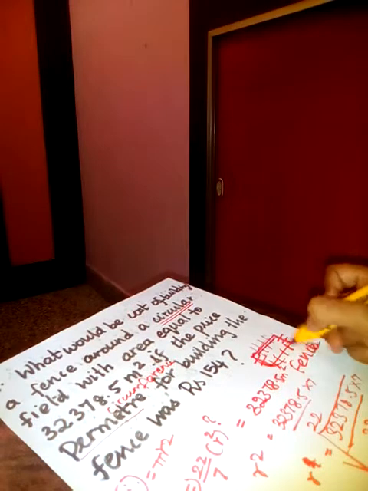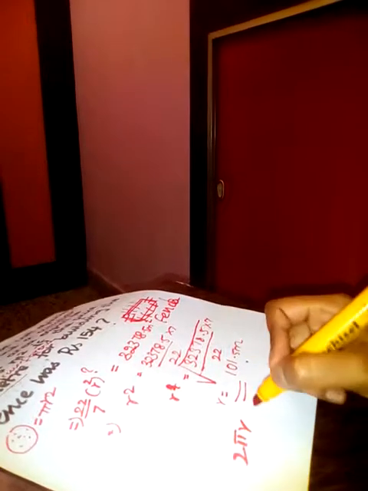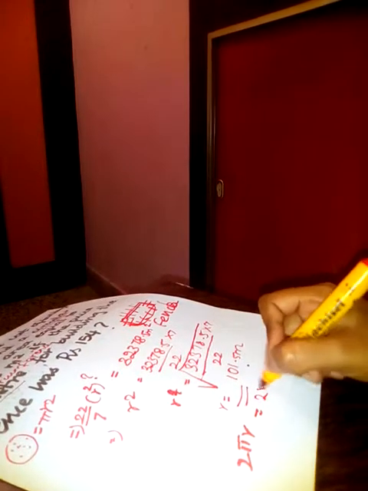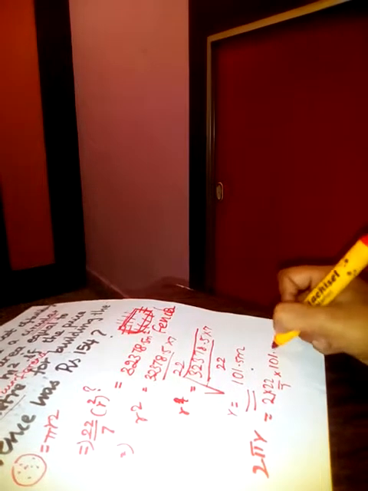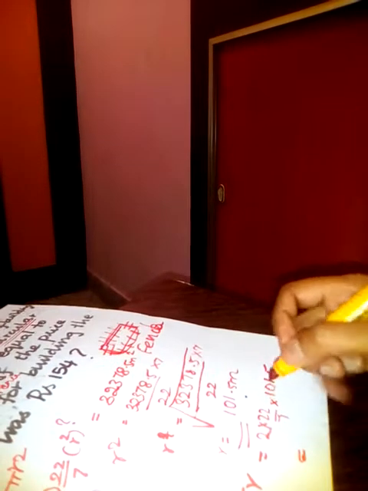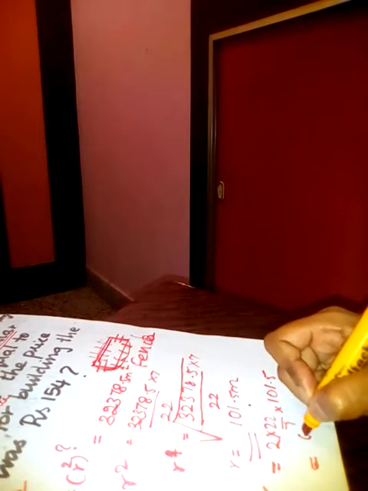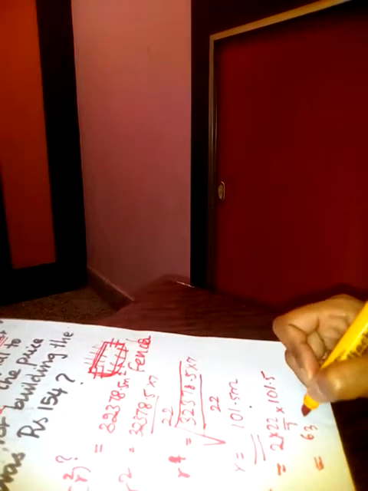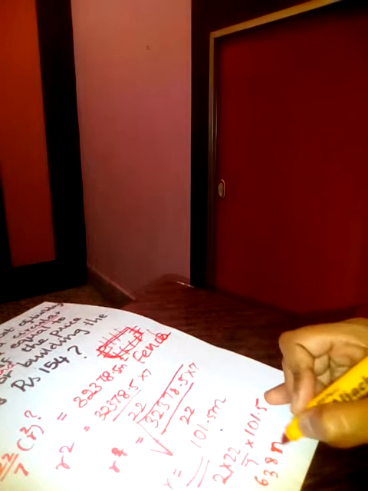So it is circular. 2 pi r is equal to 2 into 22 by 7 into 101.5. On simplifying this, you will be getting the value as 638 meter.